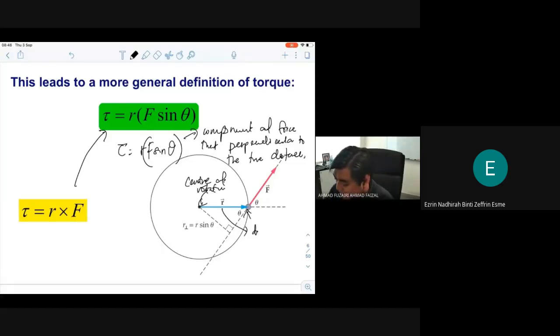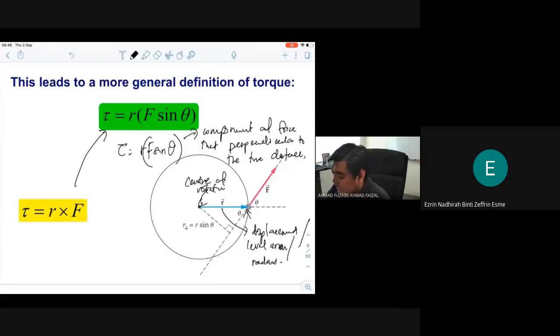This one is called displacement. Maybe somebody will call it a lever arm, maybe somebody will call it a radius. Obviously for a round object like this, you can call it a radius.